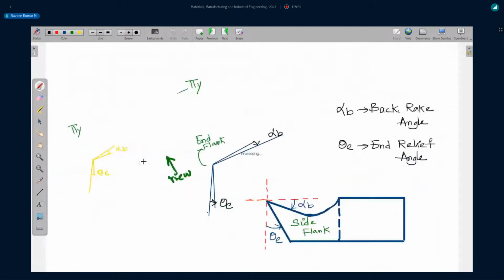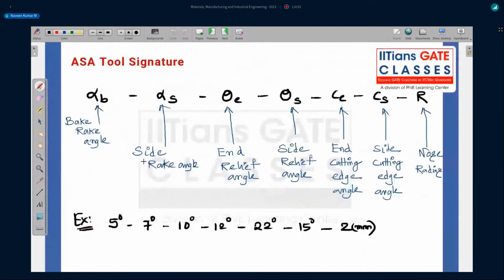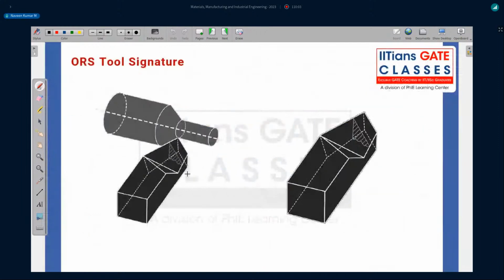But what is the problem? Let's discuss the problem first. The problem will give you some solution, and that is the ORS tool system. That's why I'm discussing it here. In the force system, obviously when you have contact between workpiece and tool, some force is generated, right?